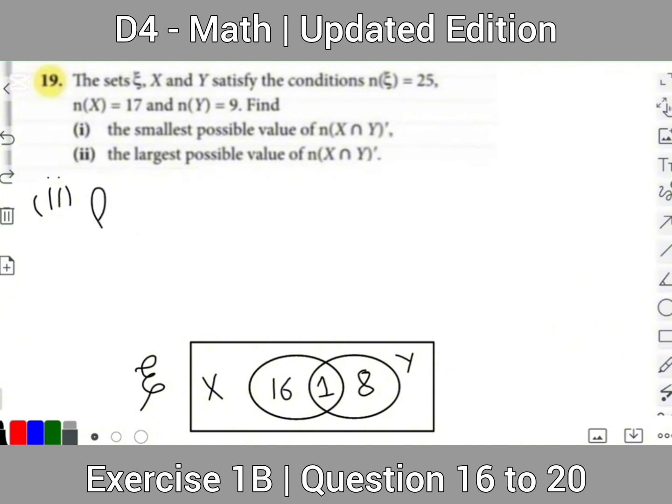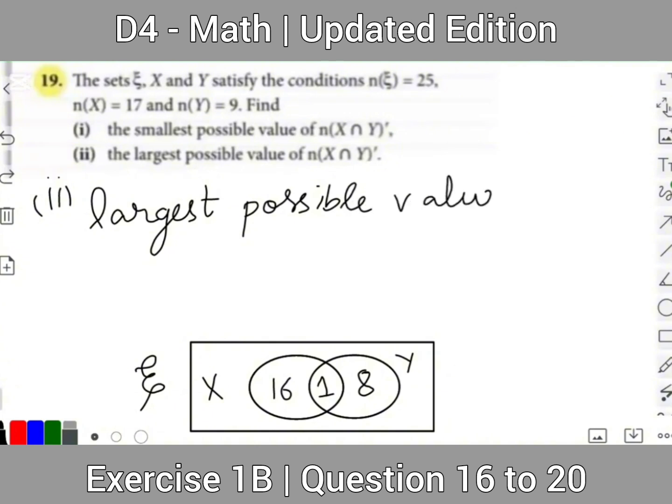Now the largest possible value of n of (x intersection y) complement will be equal to 16 plus 8, and that will be equal to 24.